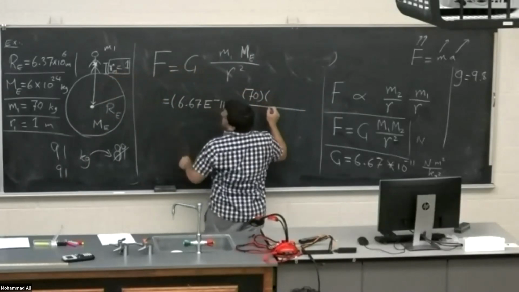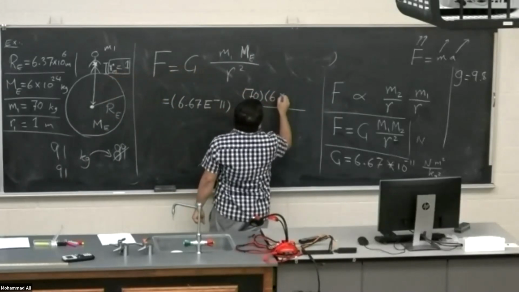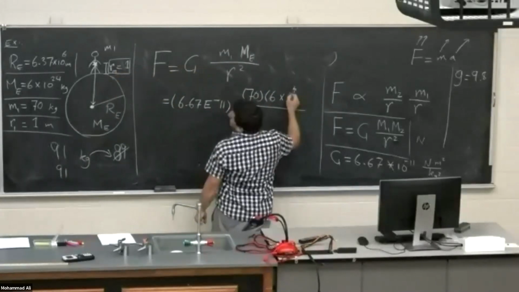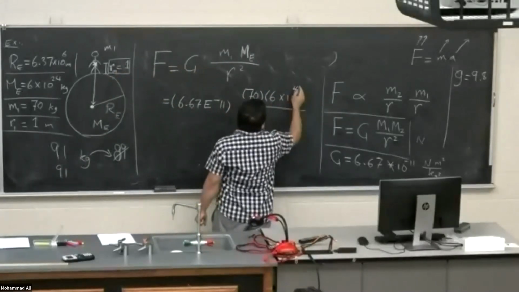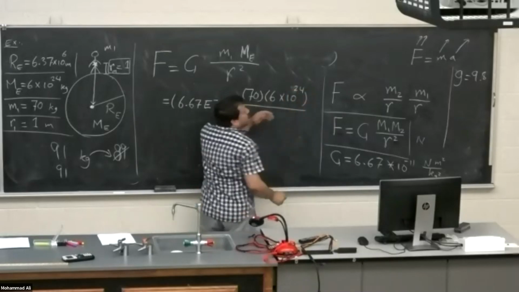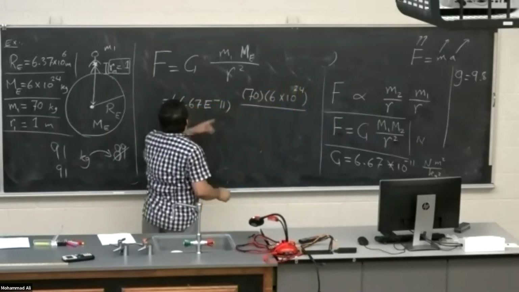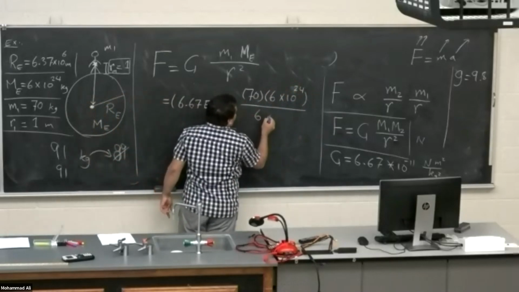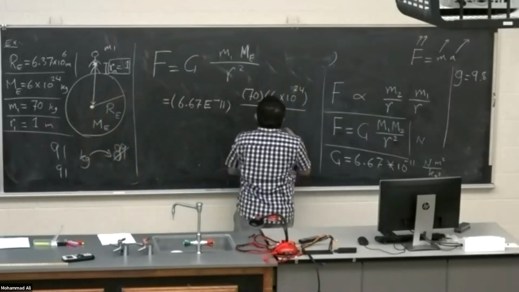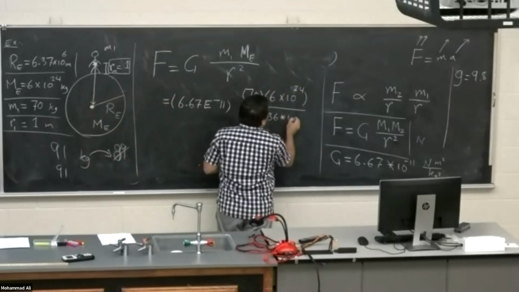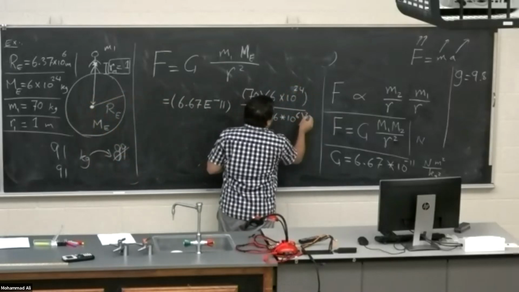The mass of Earth is 6 multiplied by 10 to the 24 kilograms, 24 zeros, over the radius, which is 6.36 multiplied by 10 to the 6, squared.